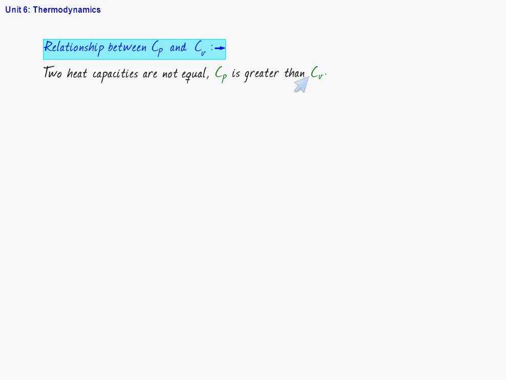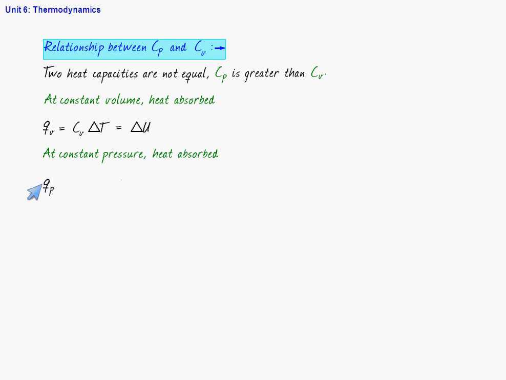You know, at constant volume, heat absorbed Qv is going to be Cv into delta T, which is equal to delta U. We have already done that the enthalpy change is nothing but internal energy change. Qv is equal to internal energy change. At constant pressure, heat absorbed Qp is equal to Cp multiplied by delta T, which is equal to delta H.